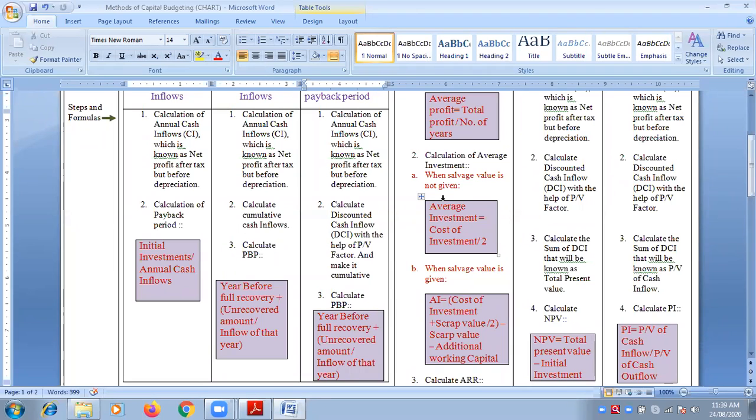But 99% we have such questions where salvage value is not given. Even if it is given, it is very simple formula. You know what is scrap value. You know what is cost of investment. Divide by 2 is standard. You have to do it. And less additional working capital means working capital itself means amount which is required for daily business, amount which is required for doing daily transactions of the business. Okay.